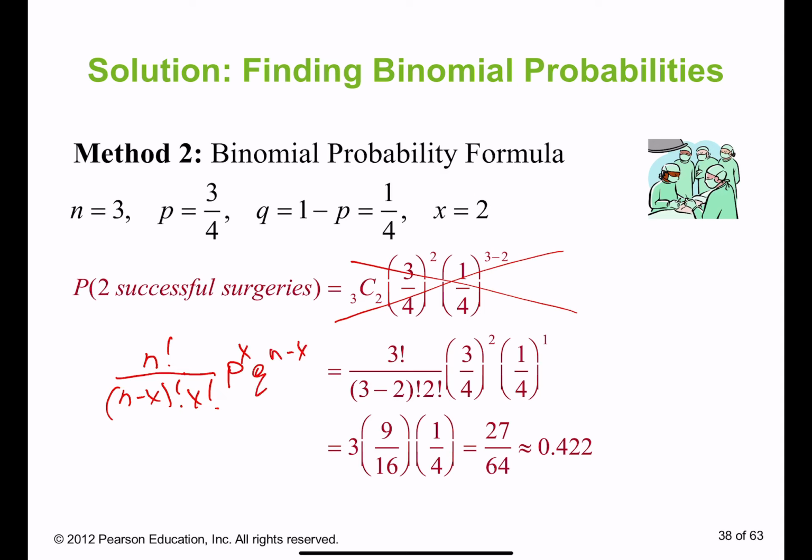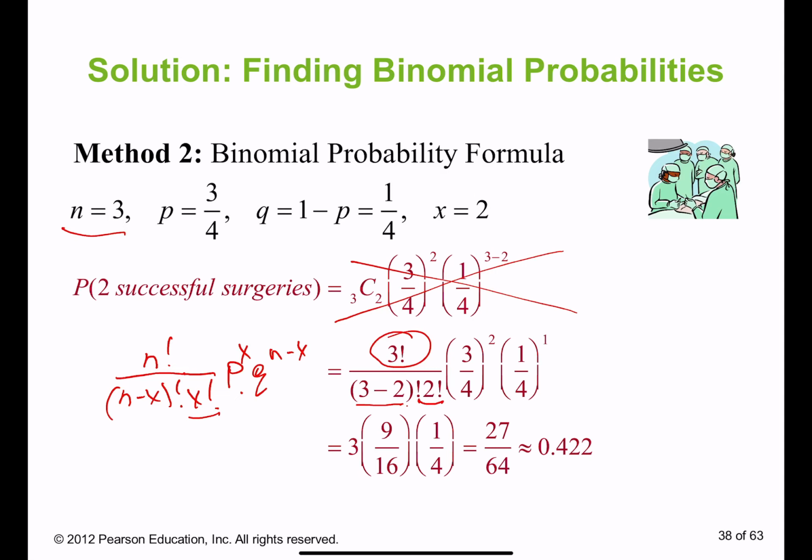So our n, excuse me, it's 3 factorial. N minus x is going to be 3 minus 2 factorial, and x is going to be 2 factorial.